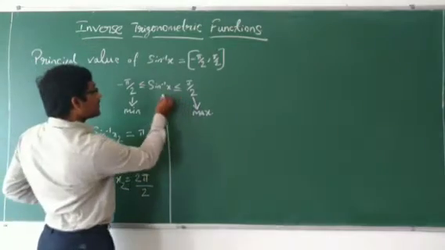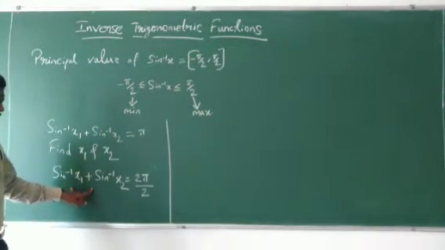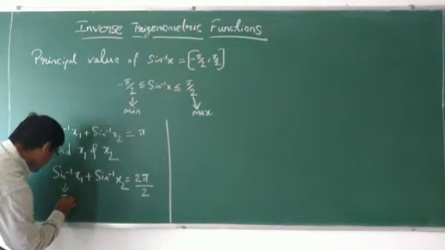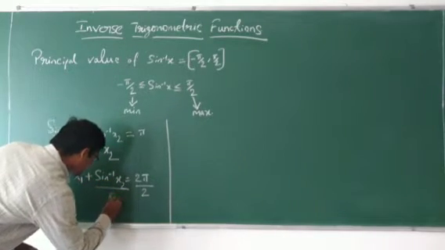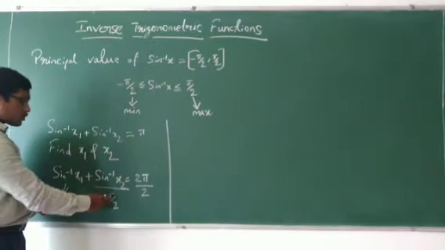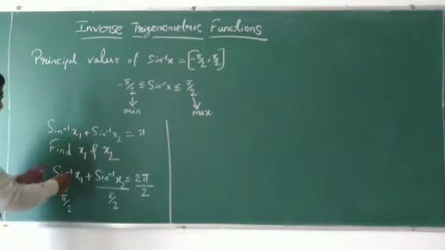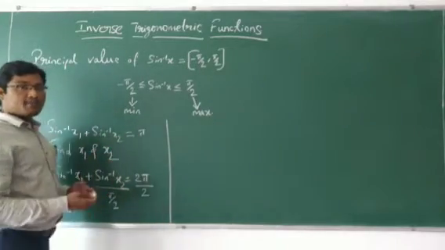Now here we are telling the maximum value of sin inverse x is pi by 2. So what is the maximum value this can take? Pi by 2. If you add both, pi by 2 plus pi by 2, you will get 2 pi by 2. This is the maximum value you can take. You cannot take more than pi by 2.